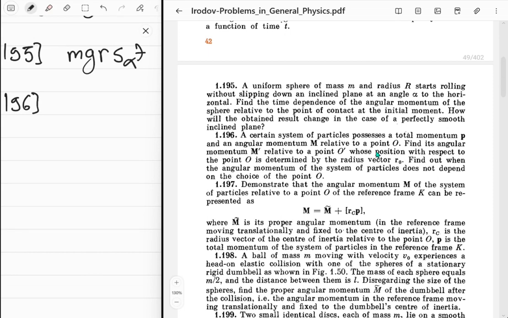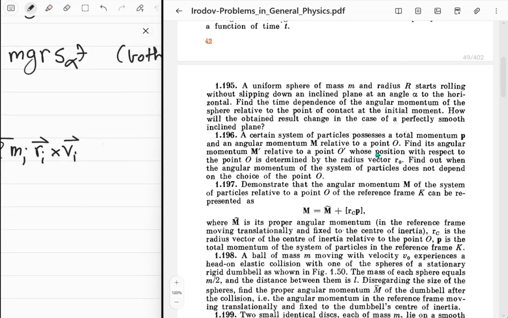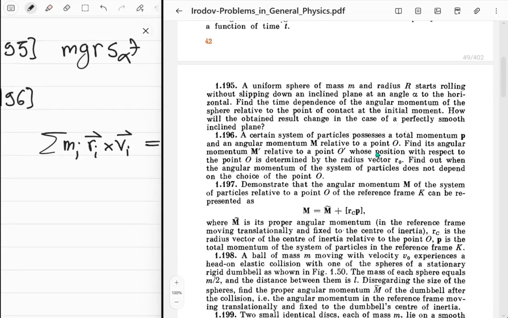Angular momentum as seen by point O dash. Sorry, angular momentum about point O is M, right? So your summation of mi ri cross vi is equal to M. And then you want the angular momentum as seen by point O dash. So for O dash, you have the summation of mi ri dash cross vi, where ri dash is ri vector minus r naught vector, right? I've done this so many times.